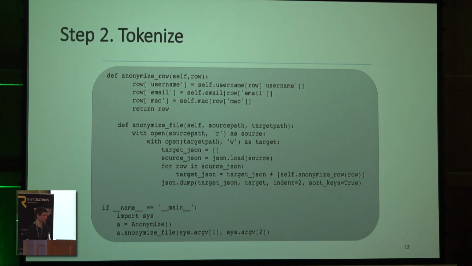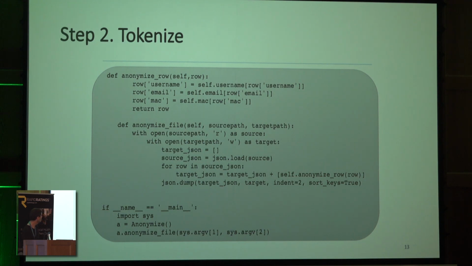When we run anonymization, we first define in the anonymize row function what fields we want to anonymize. In this case we want to anonymize the username, the email address and the MAC, but we don't anonymize the user agent, because that's what we want to analyze, and that's not really considered personal information.